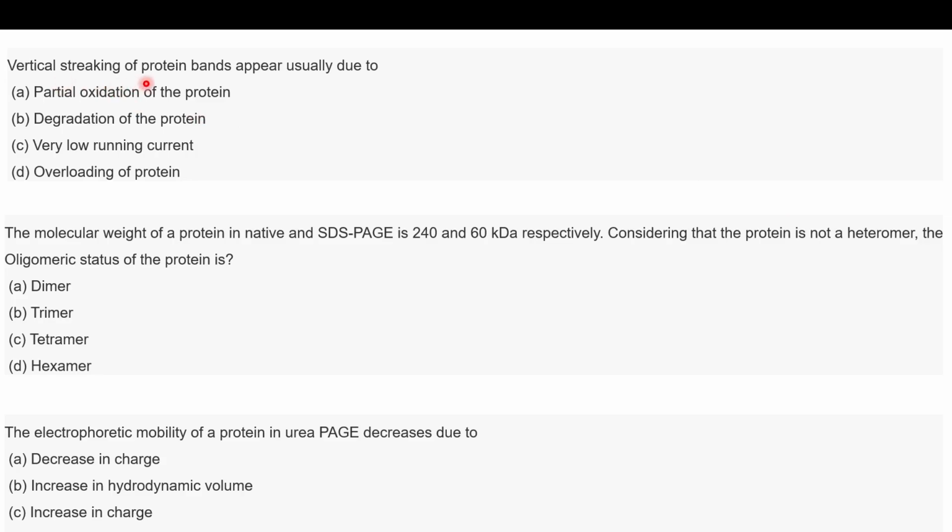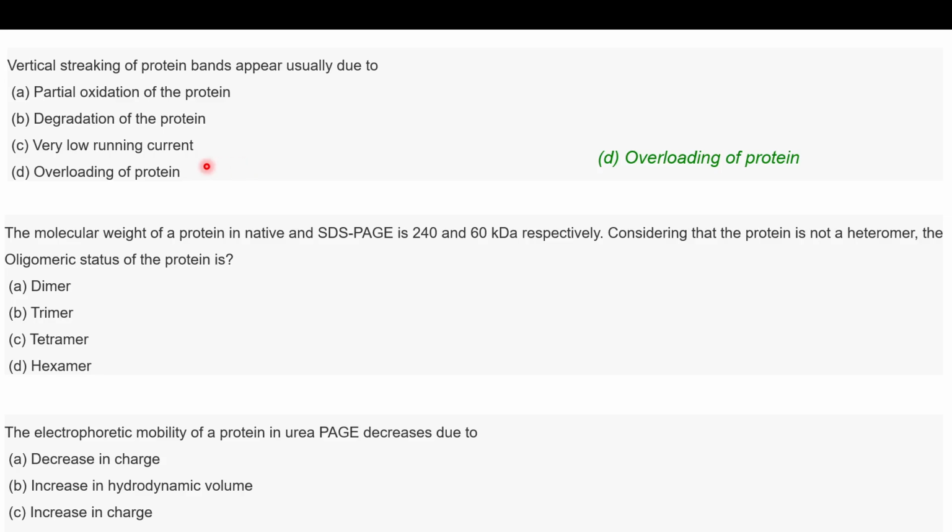So vertical streaking of protein bands usually appears due to overloading of protein. When you load a lot of protein, it will take time for the sample to really reach the bottom of the well.